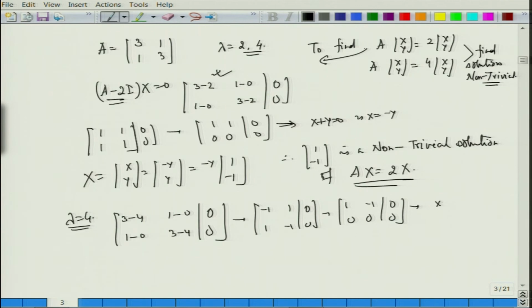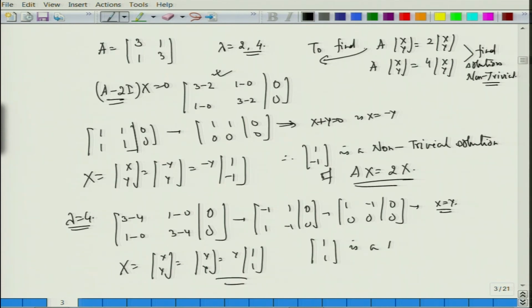From here I get that x has to be equal to y, and therefore capital X, which is (x, y), is y times (1, 1). You can check that (1, 1) is a non-trivial solution of Ax equal to 4x. I want you to understand this part, that is very important for me.